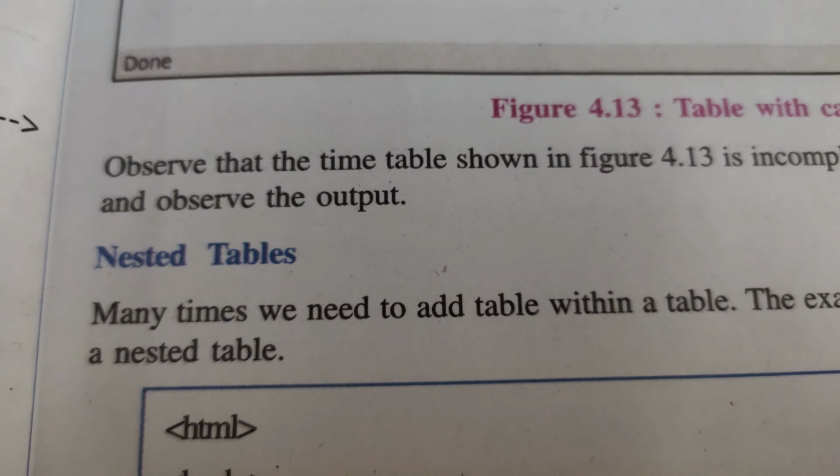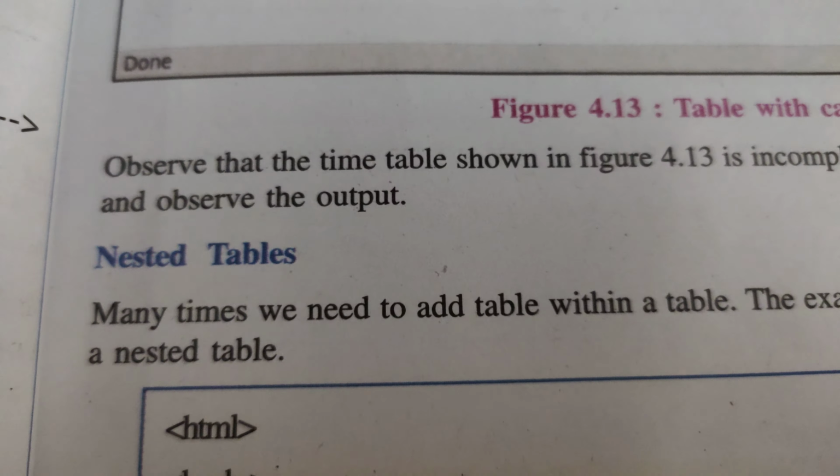How many tables you want to add, you use the table tag, and for the cells you use the TD command. With the table tag you are adding the table with specified cells, and TD is your inner command for specifying the numbers or the specific content.